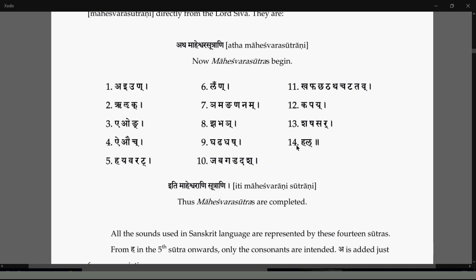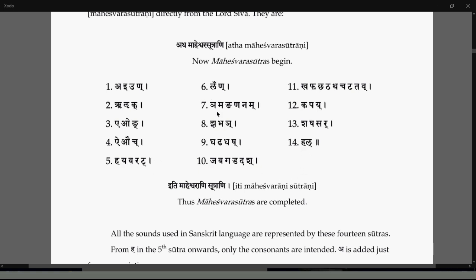This is also hal over here, but when we say hal, that time this hal is not talked about. This hakara from the 5th sutra and lakara from the last sutra are talked about, meaning all the letters starting from hakara till lakara, which are the consonants.